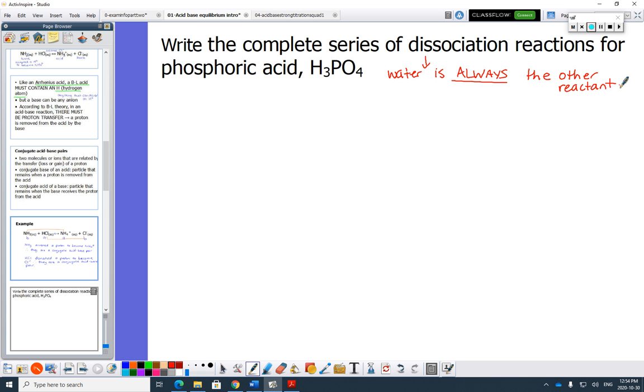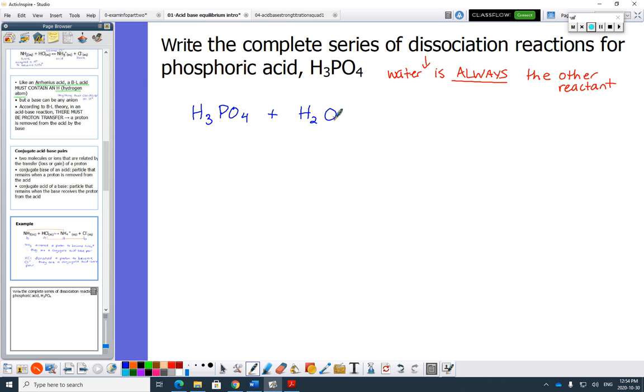So when you write dissociation equations for acids and bases, water is always going to be the other reactant. These things would all be aqueous eventually, but I'm just going to leave that out because I don't want to clutter this slide.